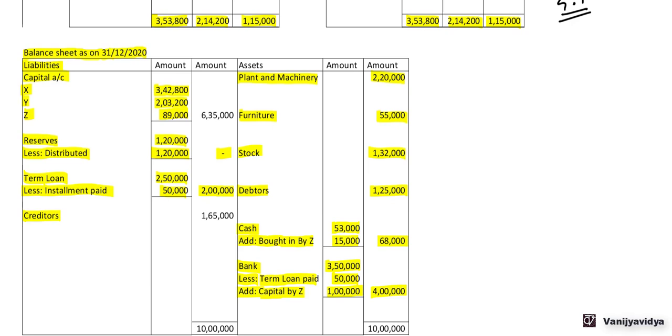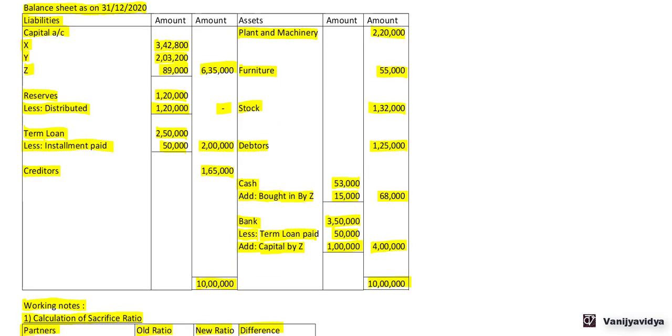Creditors, there was no adjustment, so 1,65,000 in the outer column. Now the total of capital is 6,35,000. If we take the total of the balance sheet, that is assets and liabilities, it comes to 10 lakh. So this is how we prepared a balance sheet in case of admission of the partner.